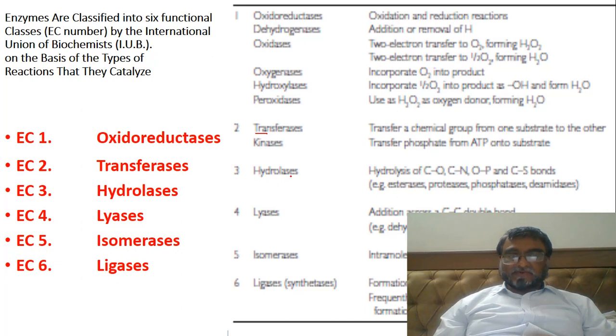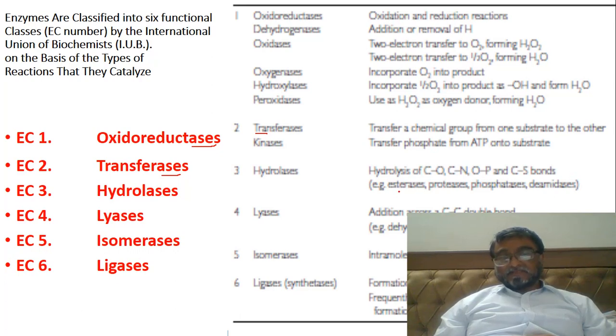You can see all of these classes have names ending in -ases. Hydro means water, so hydrolysis of CO, CN, OP, and CS bonds.